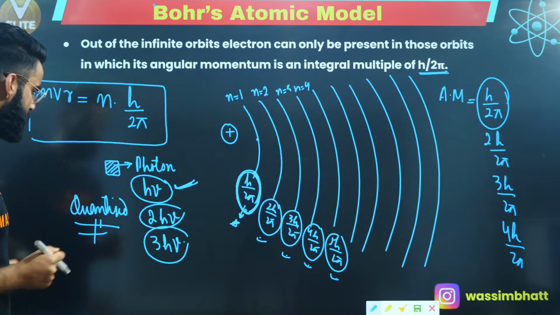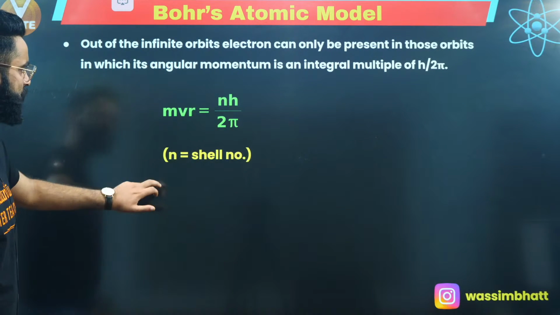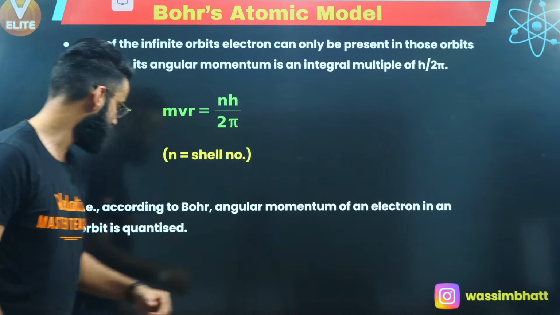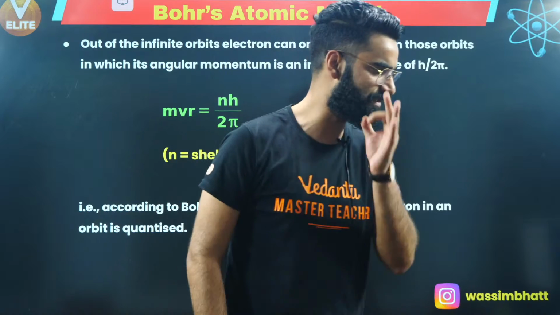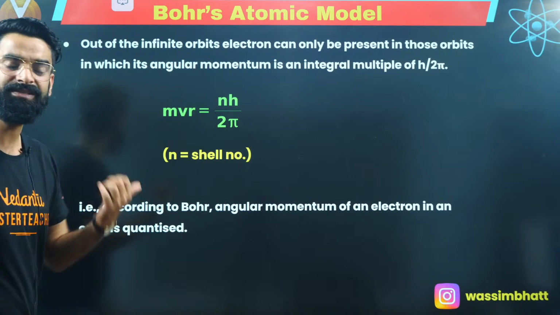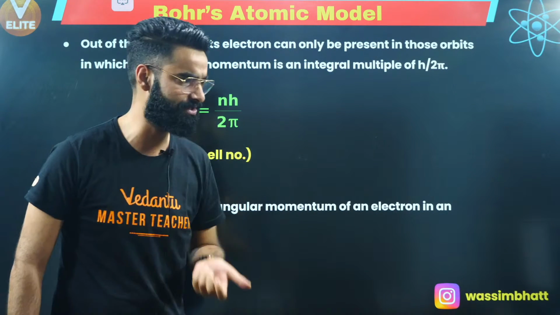Yes. So you can say one simple thing: the angular momentum of an electron in an orbit is quantized. The way energy remains quantized, in the same way the angular momentum of an electron in an orbit remains quantized. I hope you got the idea of what this quantization is all about.